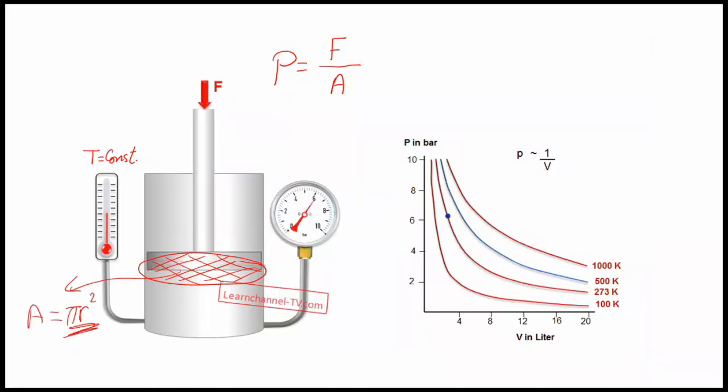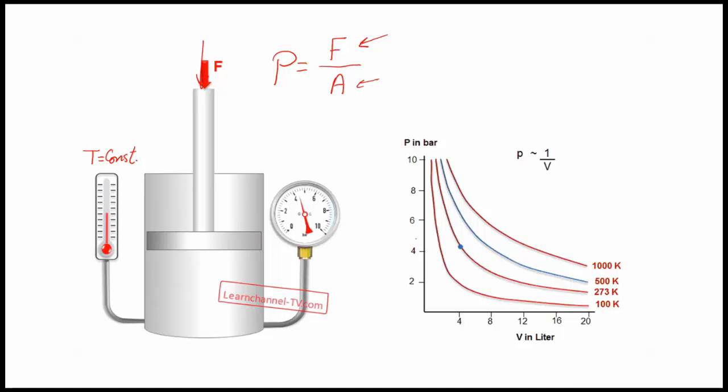You know that the area of a circle is pi r squared. So if you divide this force F over area, this gives you the pressure. The area is constant. Area does not change. But if you increase the force, the pressure will increase. And that's what we need.